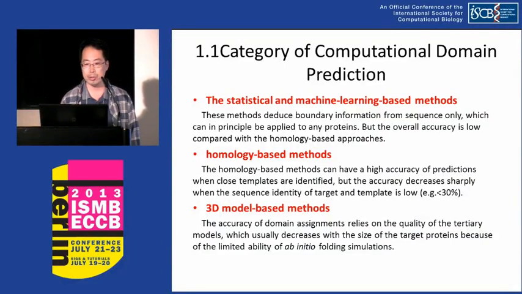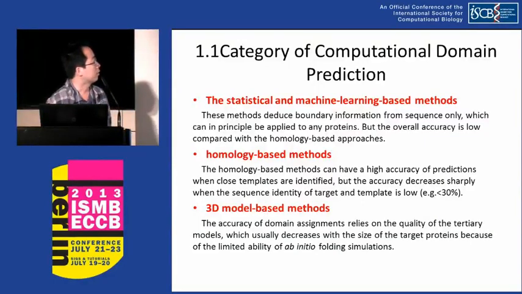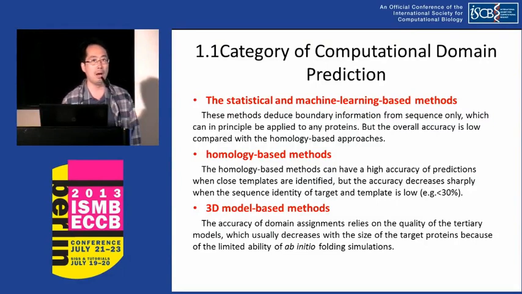There are three categories of computational methods to predict domain boundaries. The first category, we call statistics or machine learning methods, or ab initio methods. This kind of method can be applied to any protein, but the overall accuracy is low compared with homology-based methods.